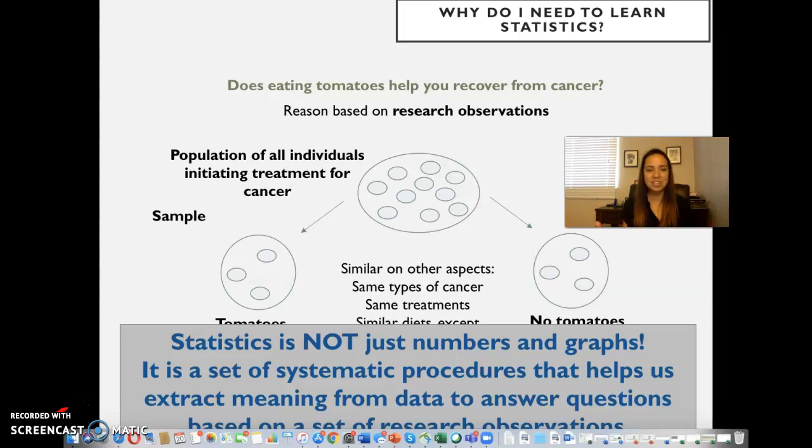Are the differences large enough for me to dismiss the null hypothesis in favor of the alternative hypothesis? Are the correlations that I'm seeing in my data strong enough for me to dismiss the null hypothesis that there is no correlation between two variables of interest, in favor of the alternative hypothesis that there is one? So this is what we'll do in this class, right?